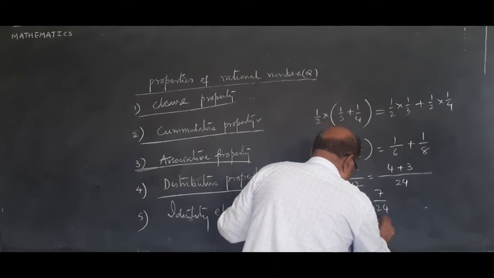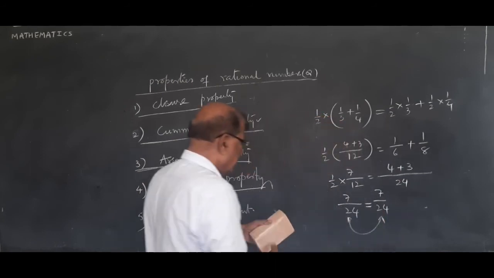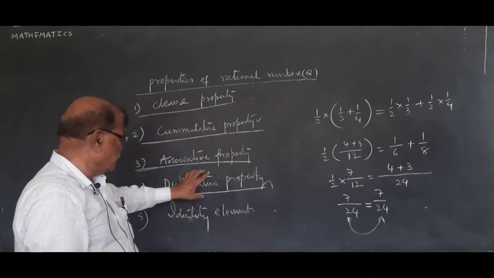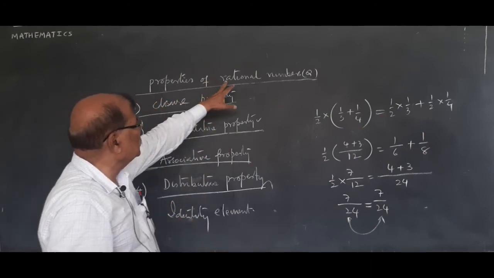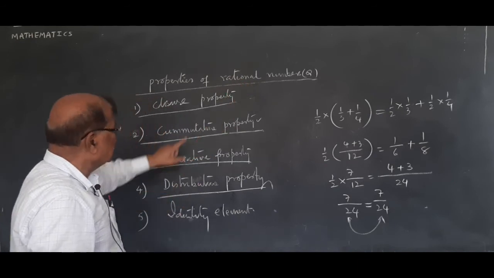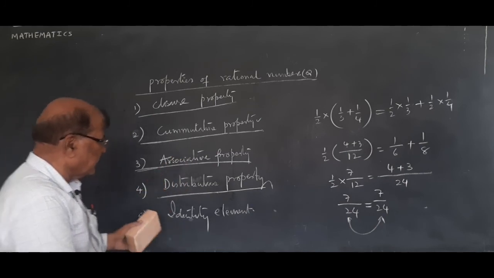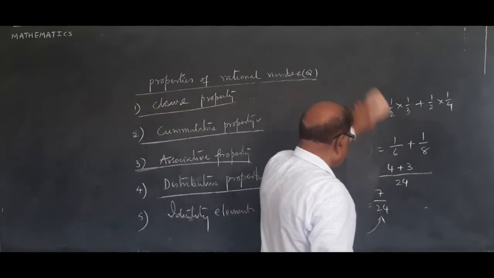So left hand side is equal to right hand side. So it is true. We can clearly say the distributive property holds good in the set of rational numbers. Next, let us go to identity element.